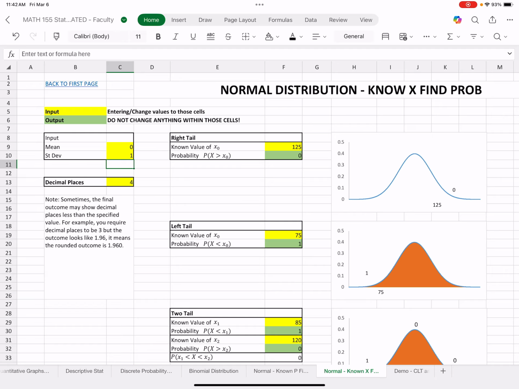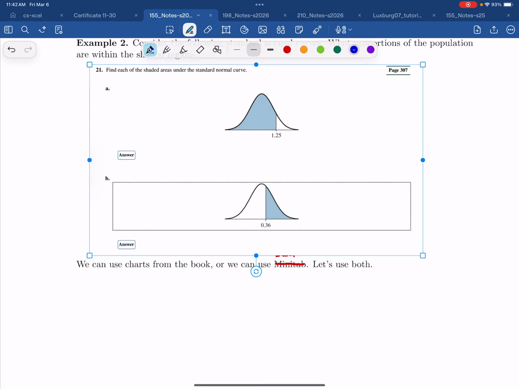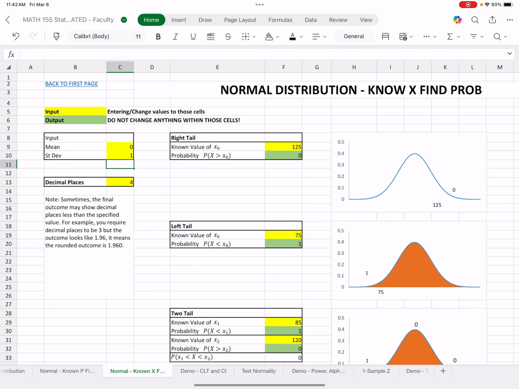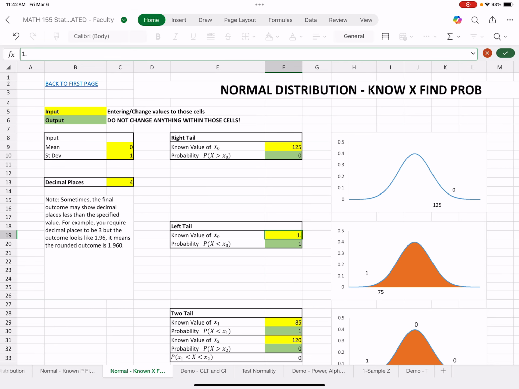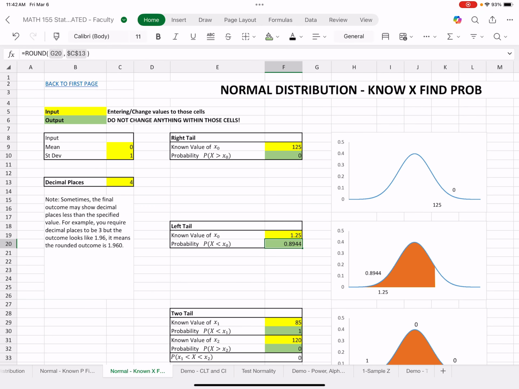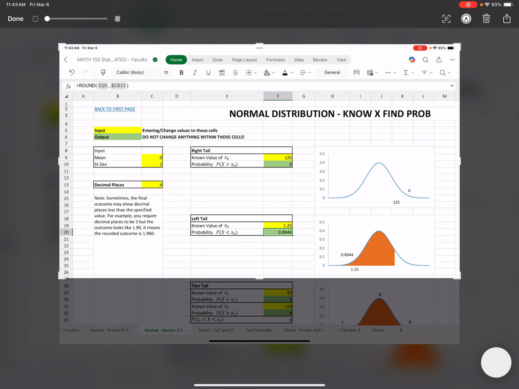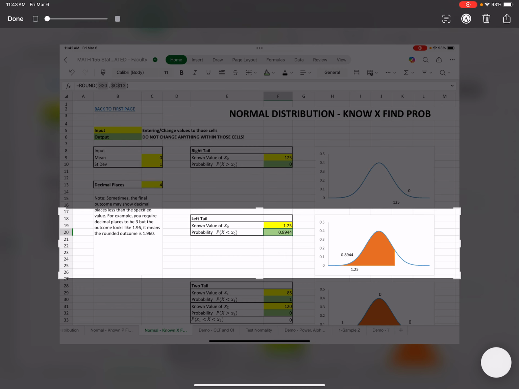Since the blue is to the left of the z-score, we look at the left tail situation, enter known value of x naught as 1.25, and we get 0.8944.